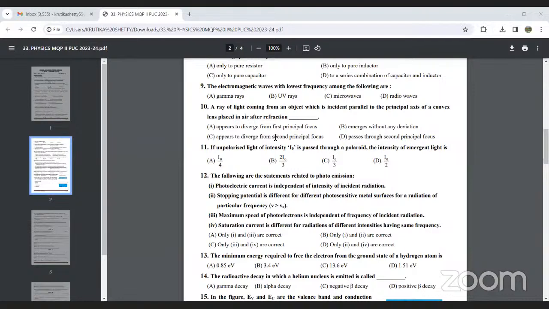Appears to diverge from the first principal focus, emerges without deviation, appears to diverge from the second principal focus, passes through second principal focus. It is option D. Correct option is option D. Okay. So option D is the correct option.